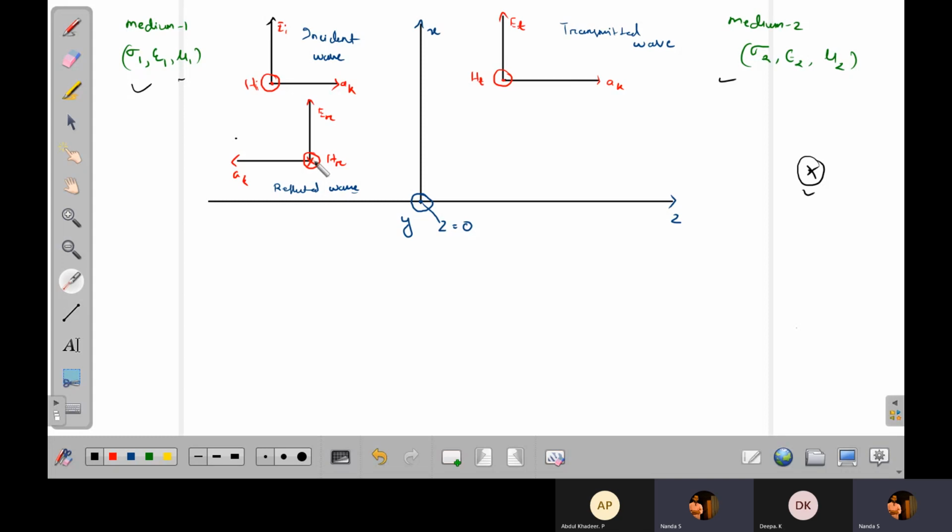Previously it was directed towards your side, from the screen to you. Now it is directed away from you. So if you put your pen on the screen, it will point away from you. The wave was coming like this, now it has reflected back, so it will just flip.